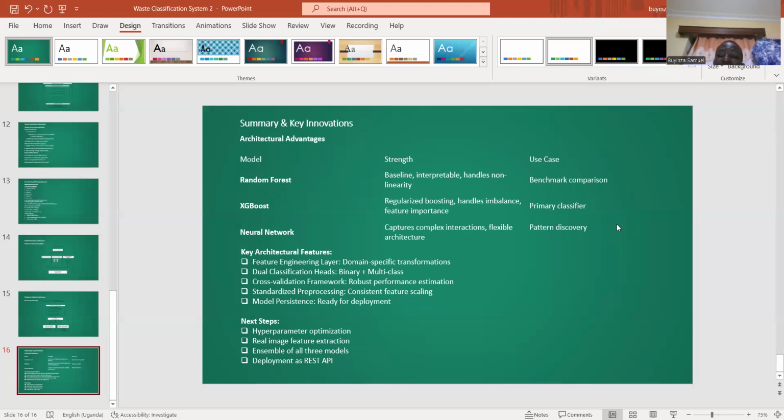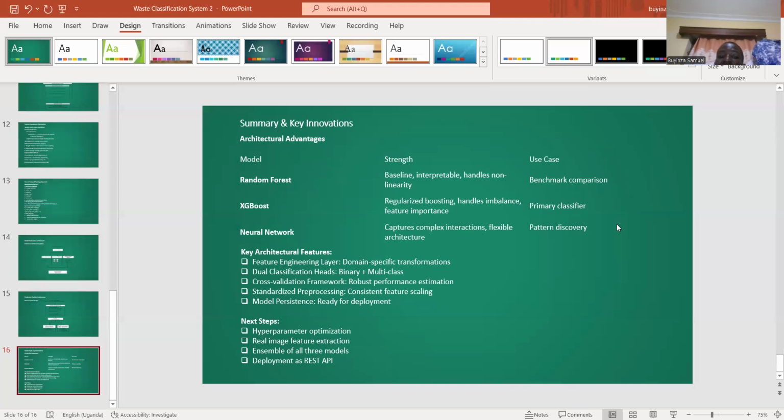The XGBoost majorly looks at regularized boosting that handles imbalance and feature importance, and it serves as the primary classifier. The neural network captures complex interactions, has a flexible architecture, and is used for pattern discovery.